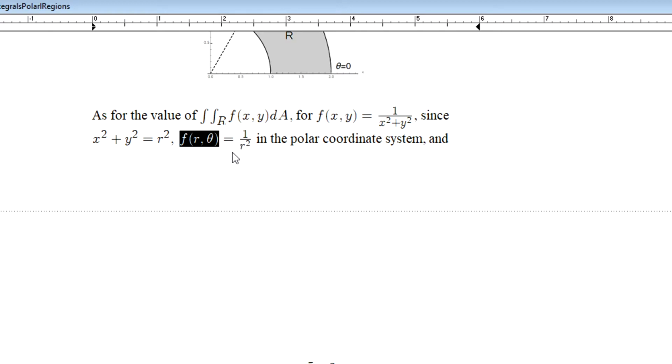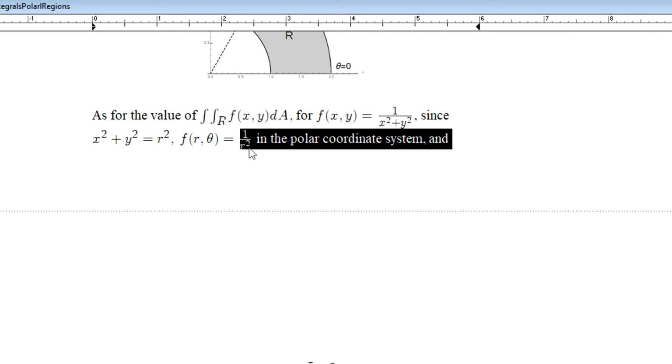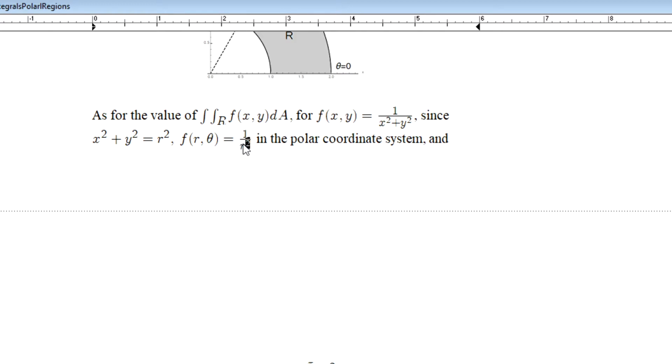That x squared plus y squared in the denominator can be replaced with simply r squared. This is how we would express this function f with respect to the coordinates found in the polar coordinate system.